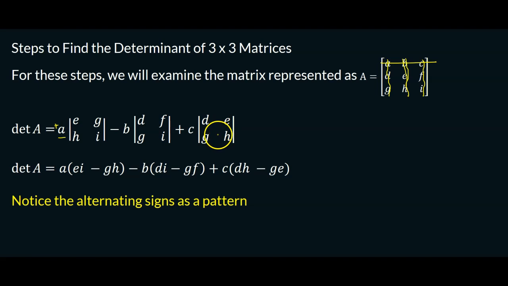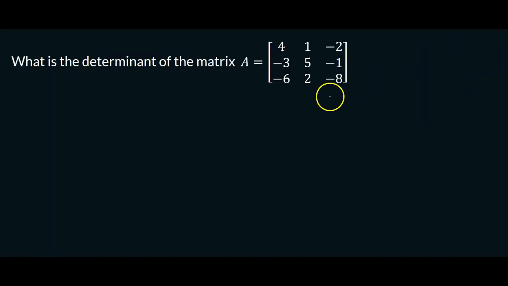So now let's go ahead and apply this to some examples that we have. We start off with this one here. Let's draw our horizontal line and then our vertical line. You can see that they meet at the point of 4. So we have 4, and then we have 5, negative 1, 2, negative 8.